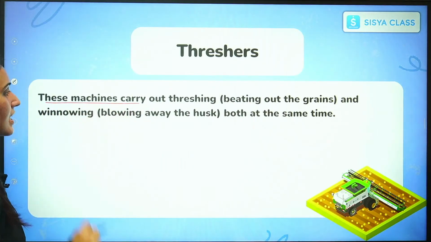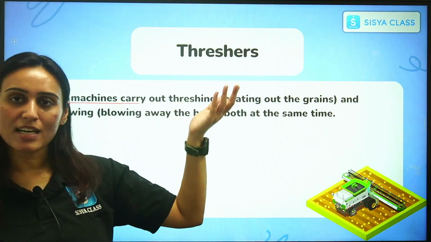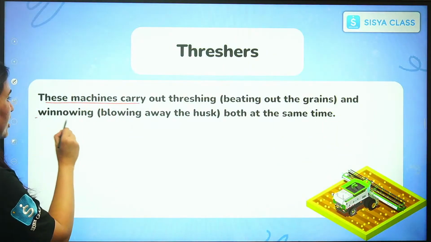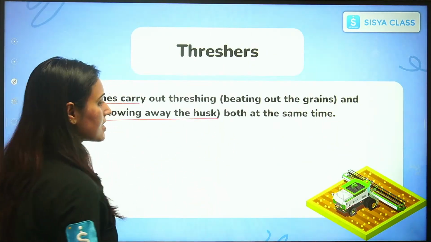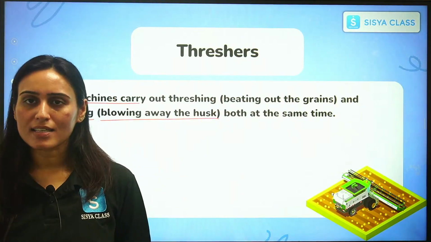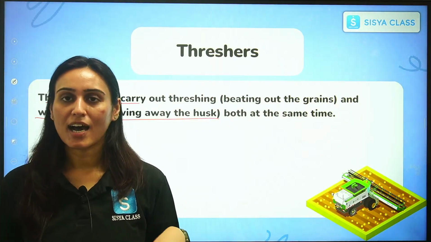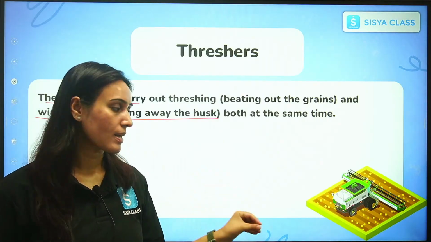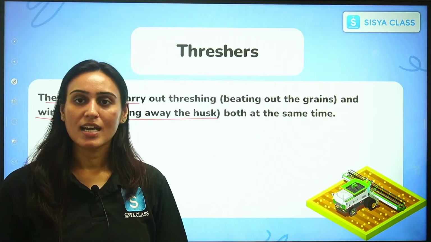These machines carry out threshing, that is beating out the grains that we were doing manually in the beginning, and winnowing, that is blowing away the husk, both at the same time. Everything we are doing at the same time so that we don't have to do anything manually in the end. Everything will be done by this thresher itself.